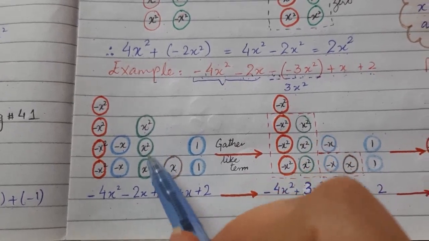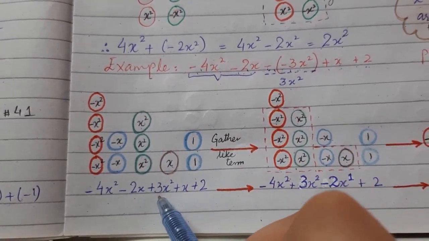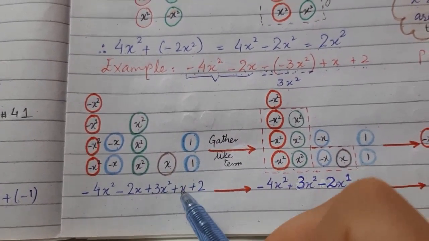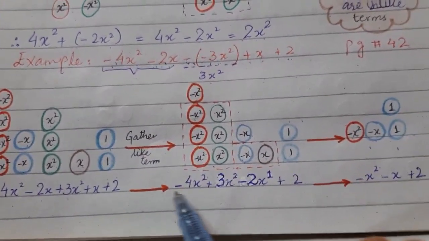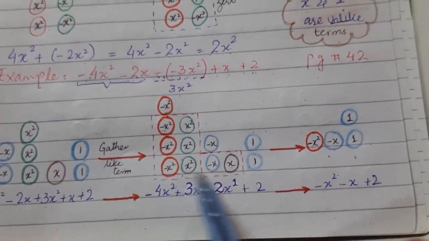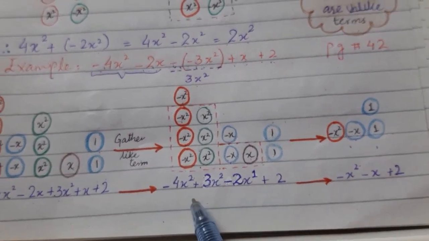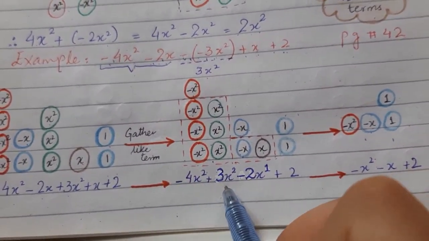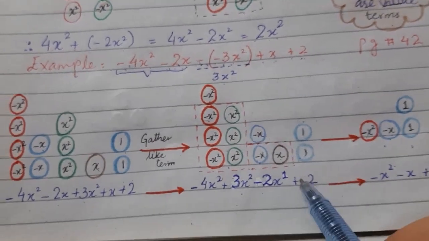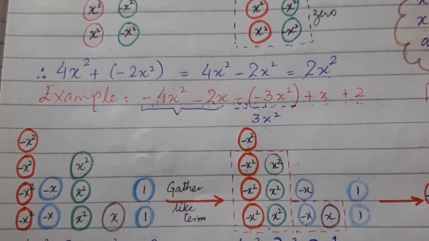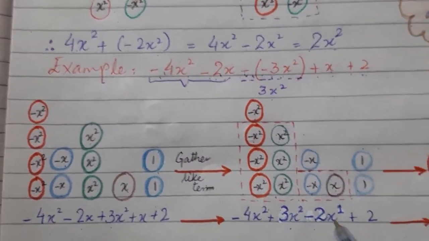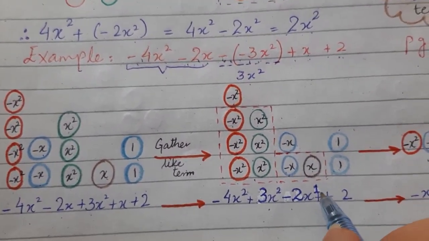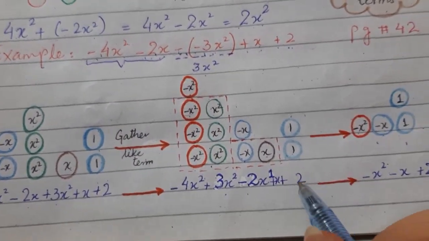X square plus x square plus x square means that you can write it in this way: 3x square, then plus x plus 2. When you are going to gather the like terms, like in this way, you will get this minus 4x square. You are going to add up with 3x square, then minus 2x with plus x, then plus 2.